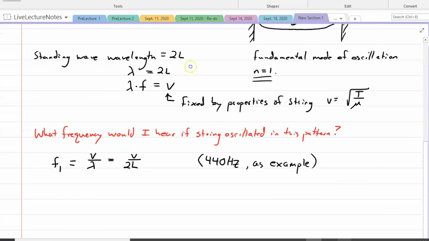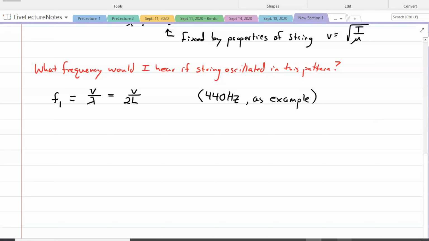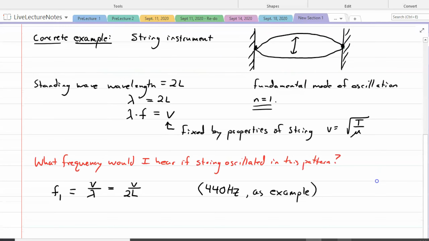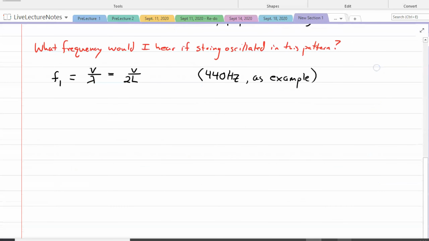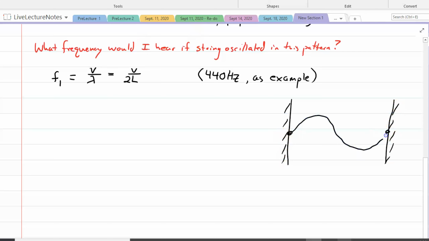That's the claim. But there are other ways the string can oscillate. For example, we could get the string to oscillate this way. So I would have the ends of the string like this, and then I can have my string oscillating like this.